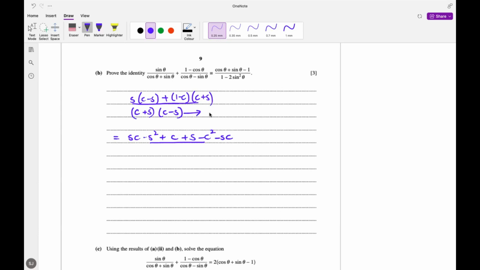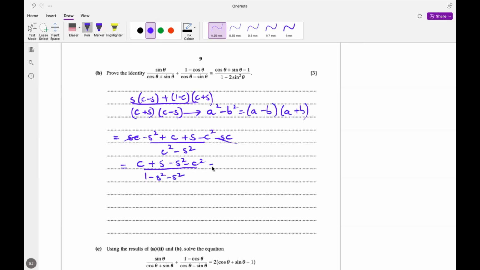We can convert it using the identity a squared minus b squared equals a minus b times a plus b. So we can write it as cos squared minus sine squared. So sine cos minus sine cos will cancel out. So we'll get cos plus sine minus sine squared minus cos squared, and as in the denominator we needed a term in sine squared, we'll replace cos squared with the identity cos squared equals 1 minus sine squared.